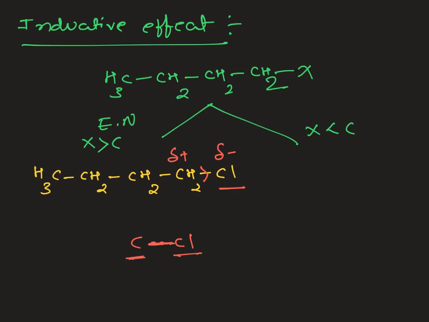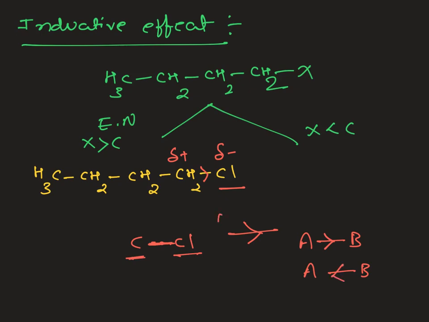Whenever we represent this effect, we use this notation. Let's take A and B. B is more electronegative, and the shared pair of electrons is displaced towards the B side. If A is more electronegative than B, then we have to write it in the opposite fashion.